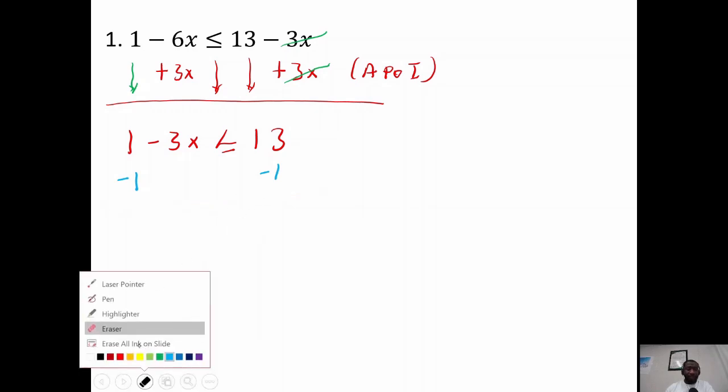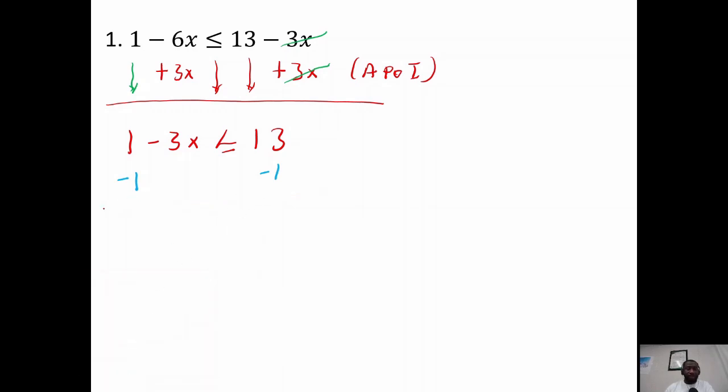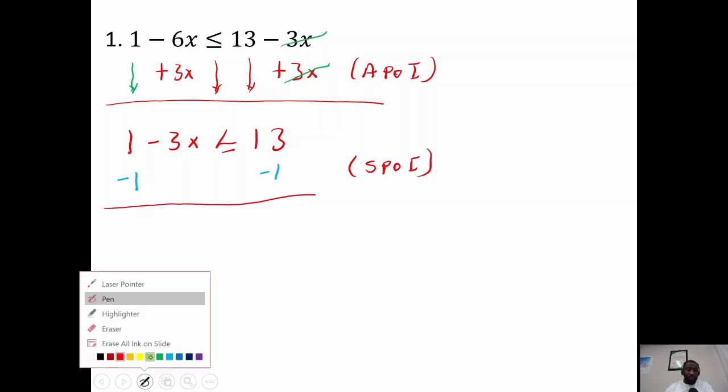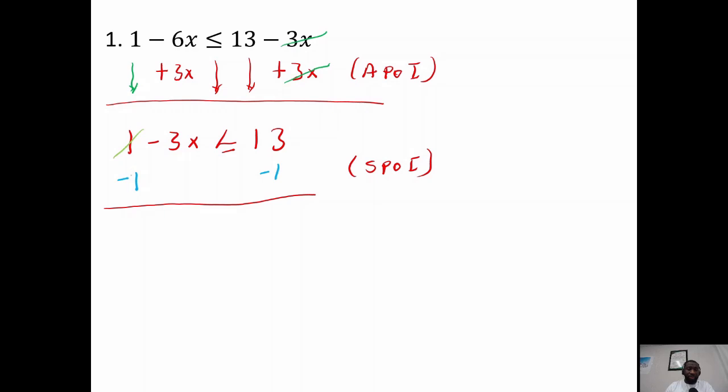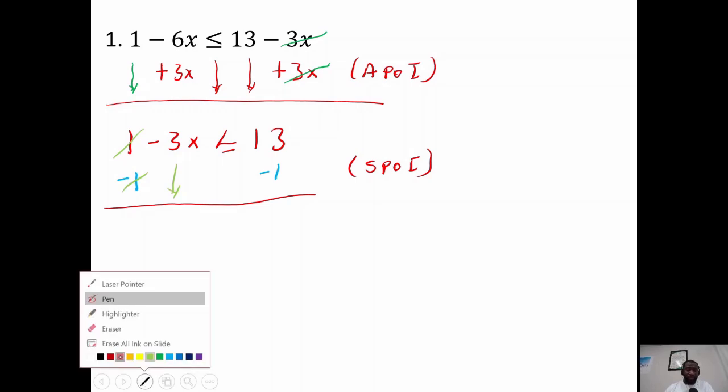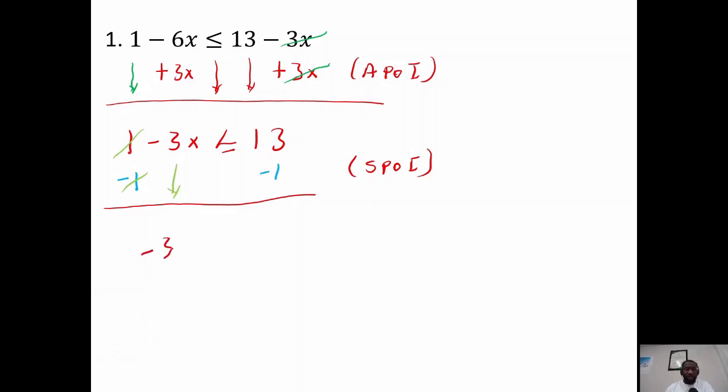When you're subtracting, you say subtracting property of an inequality, right? So now I have 1 minus 1, then it crosses out. So I bring my negative 3x down. I have minus 3x and bring my symbol down. And I have 13 minus 1, I have 12, right?